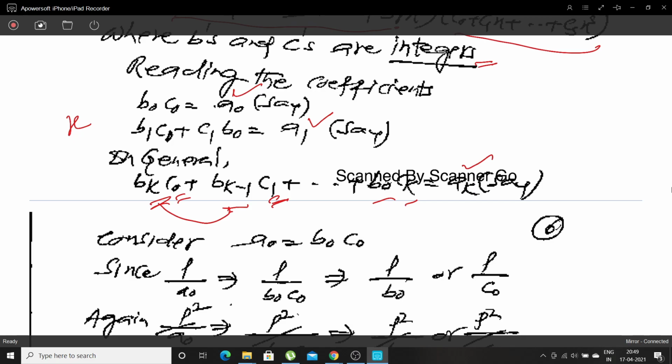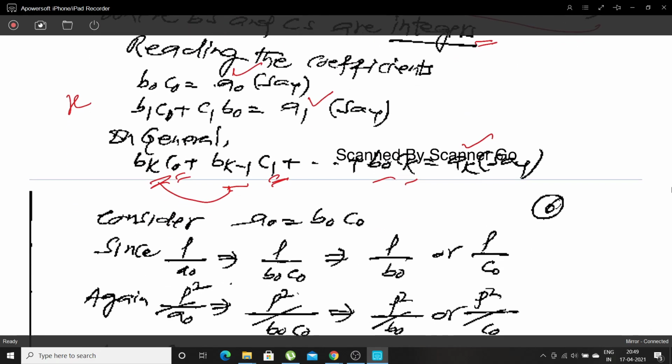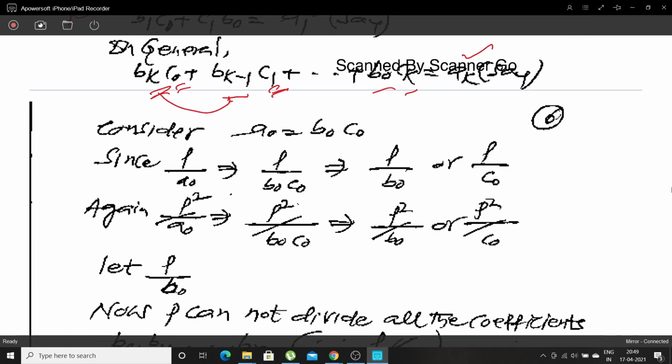Since p divides a0, according to the statement, p divides b0 c0. Since p is a prime number, using the number theory result, p divides either b0 or c0.